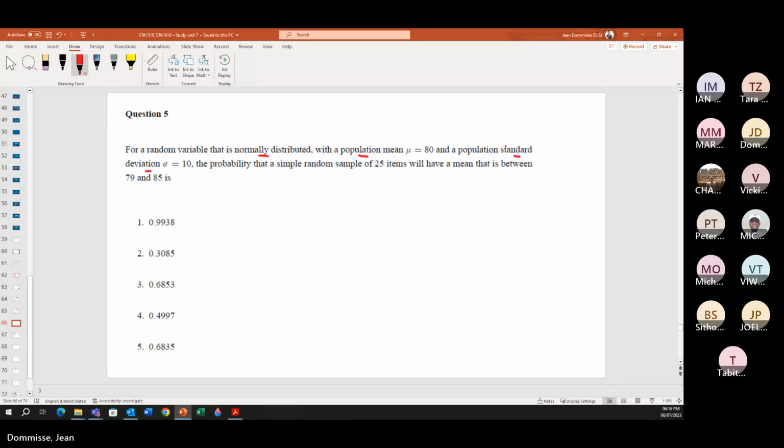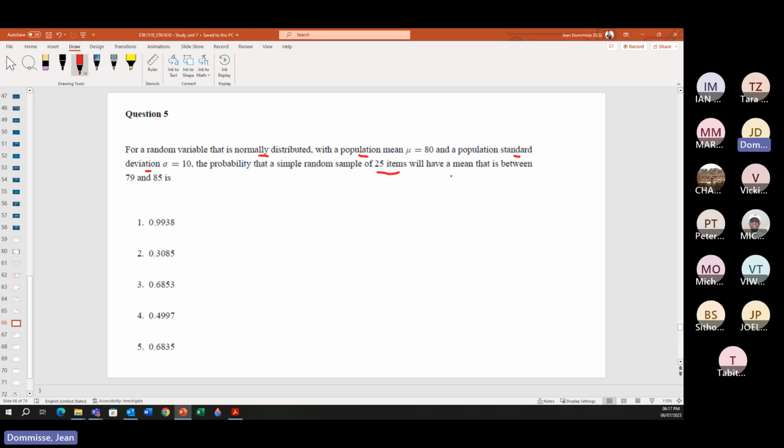We know from a previous one that to identify a t distribution, the population standard deviation should be unknown. We know the population standard deviation, so that's fine. The probability of a random sample of 25 items, so we have the n value, but this is an interesting one.